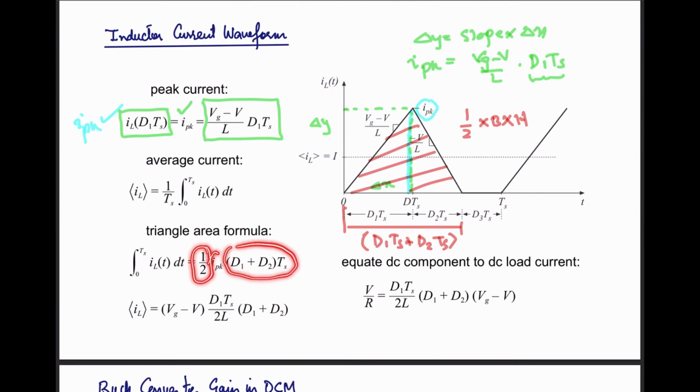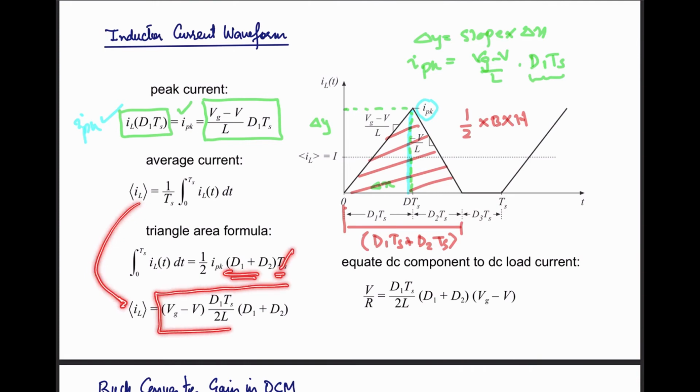So half base into height, this is the area of the triangle. This integral can be worked out, and that is equal to this part. Dividing it by Ts, you will get the average value of the inductor current. So the average value of the inductor current is obtained by dividing this term by Ts, so Ts will be cancelled out and you are left with this part.